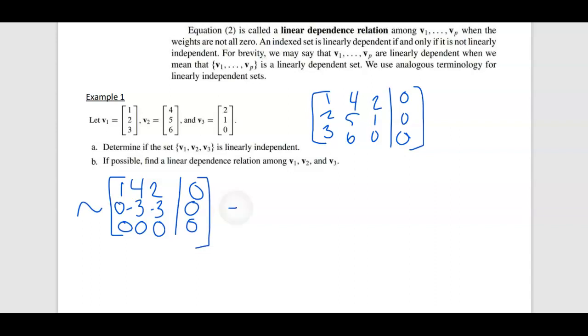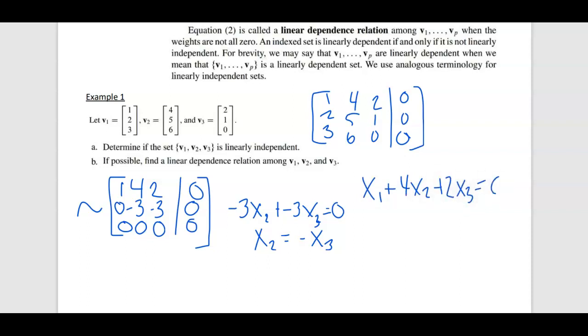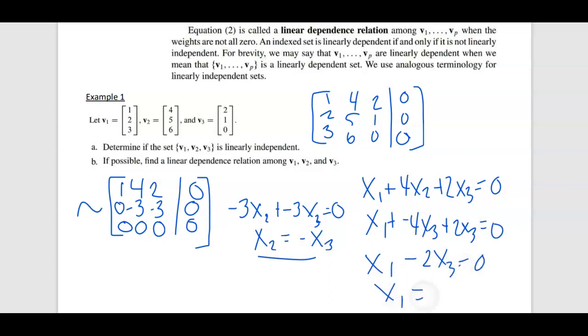In this case, we then say -3 x2 plus -3 x3 gives me 0, or x2 equals -x3, and x1 plus 4x2 plus 2x3 equals 0, and I can plug in -x3, -4x3, making this substitution here, and so x1 minus 2x3 equals 0, and x1 equals 2x3.